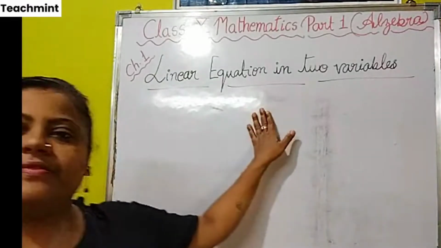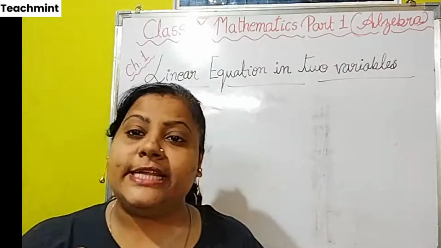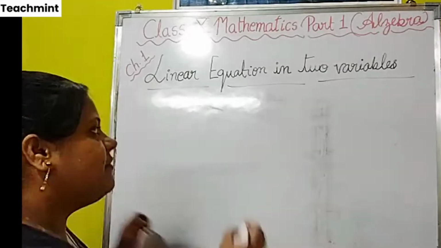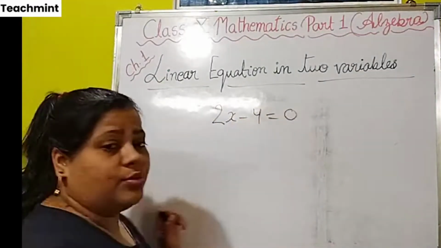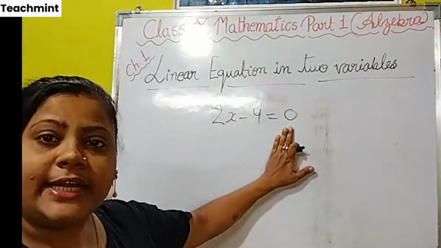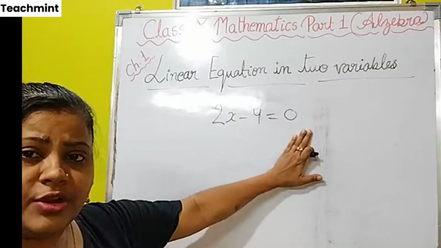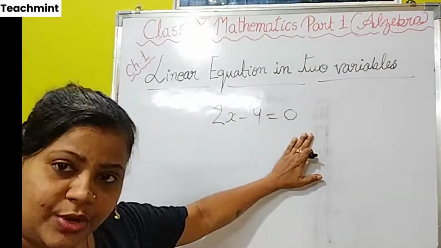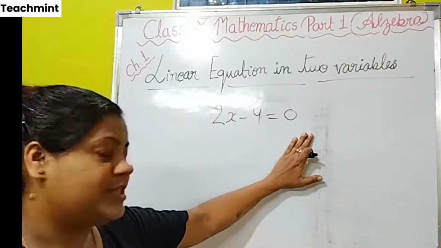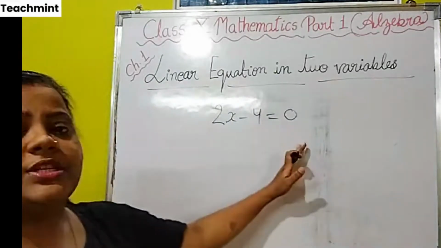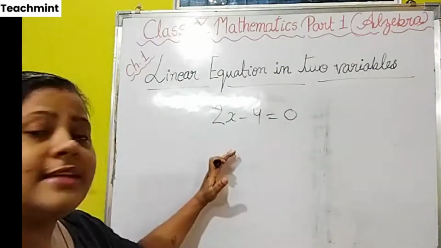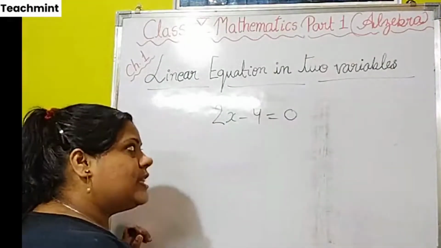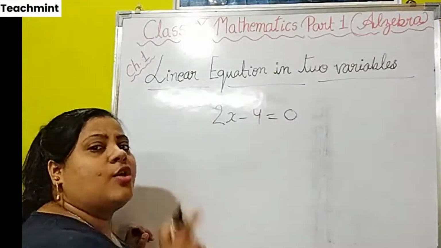So first we will discuss what is a linear equation. Suppose we have 2x minus 4 equals to 0. Whenever we write something equal to 0, it becomes an equation. Now how to recognize that this is a linear equation? For that you have to check the degree of the variable.